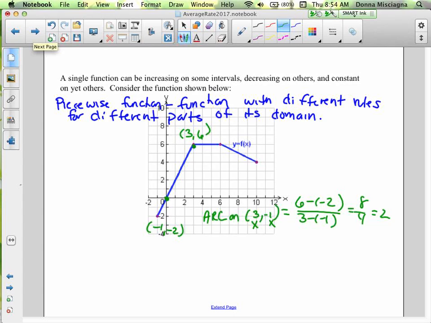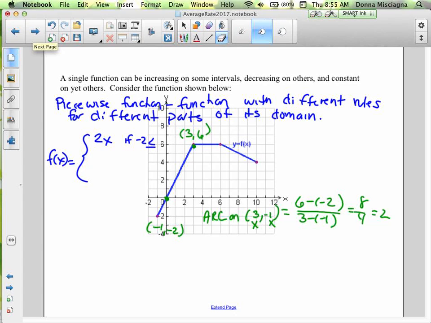So the first part of this function here, so here's our equation for our function. So the first part is 2x, and we're going to use that rule when x is equal to or greater than -1.